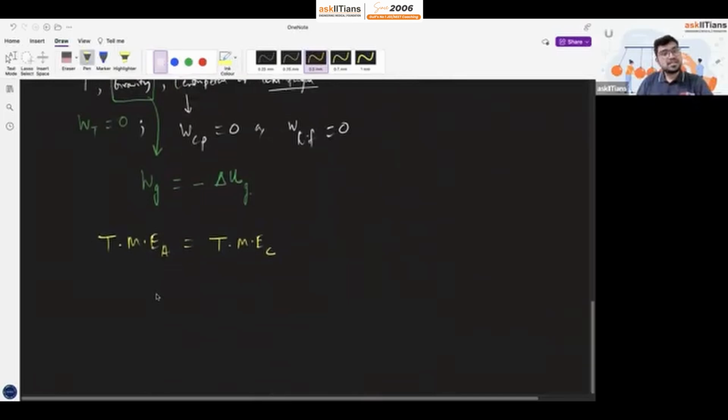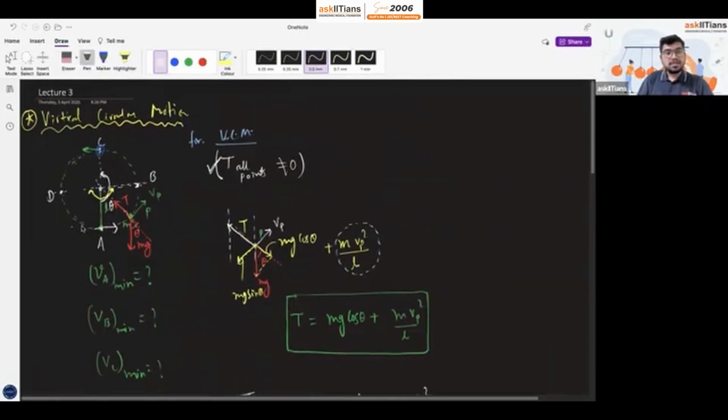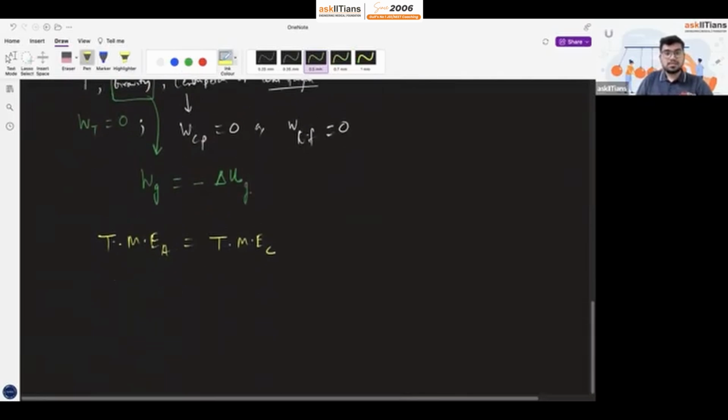Let's say level A is the potential reference zero level. So I'm taking this as a reference level of zero, and I'm going to measure all the distances from this level. So let's write this.